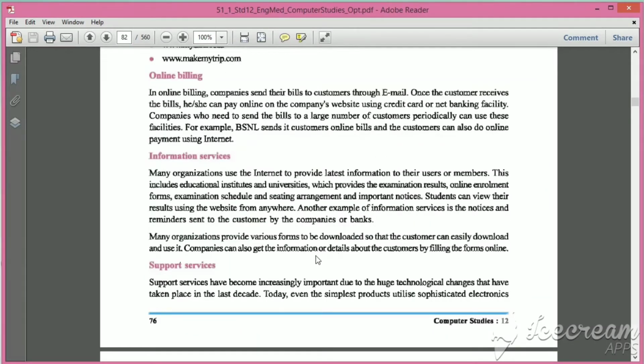The next one is information services. Many organizations use the internet to provide the latest information to their users or members. These include educational institutes and universities, which provide the examination result, online enrollment forms, examination schedule, seating arrangement and important notices.